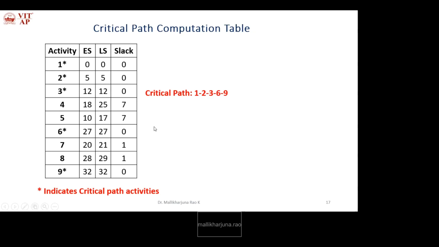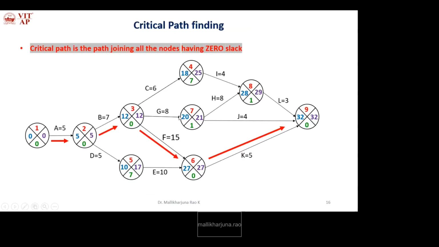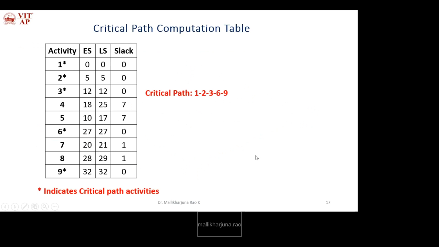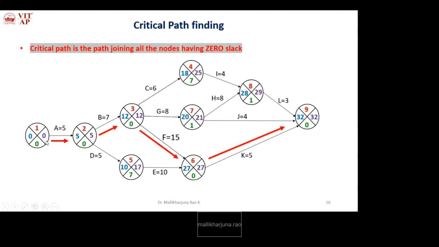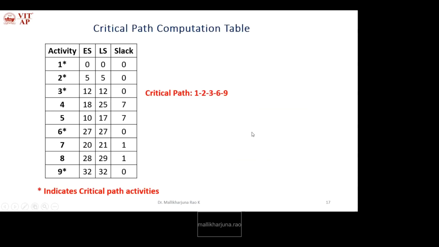So we need to pay more attention to these critical activities A, B, F, and K. Okay, so this is about critical path analysis using the activity on arrow approach. Thank you.